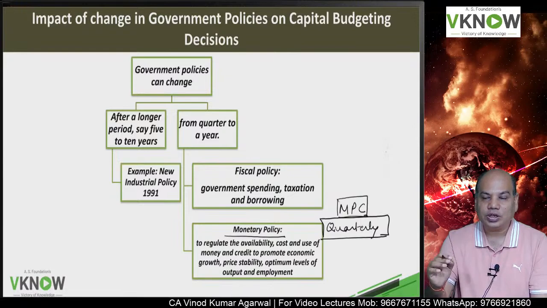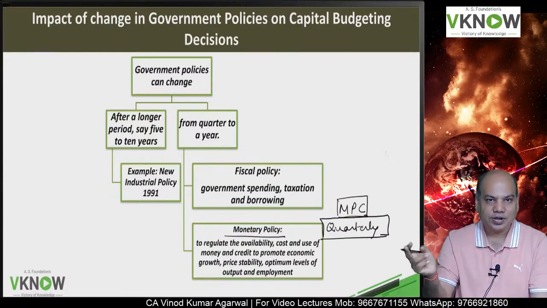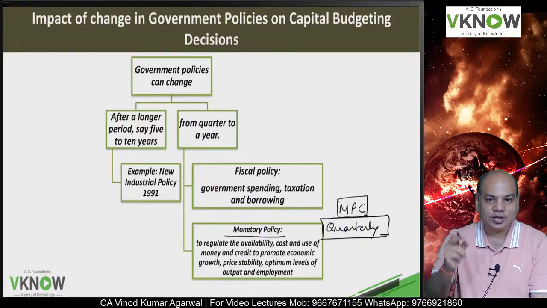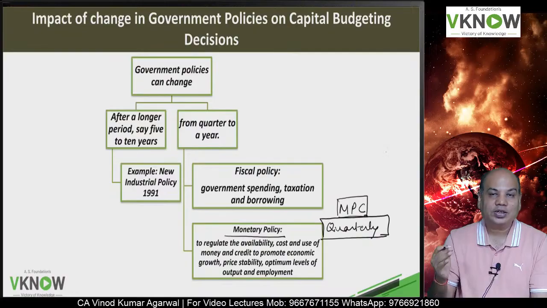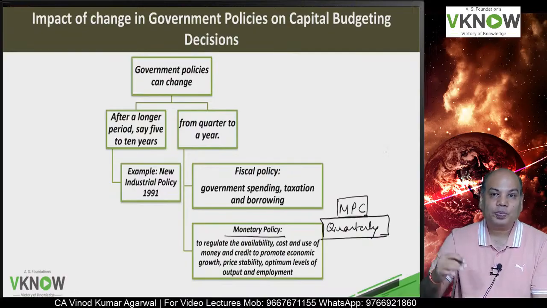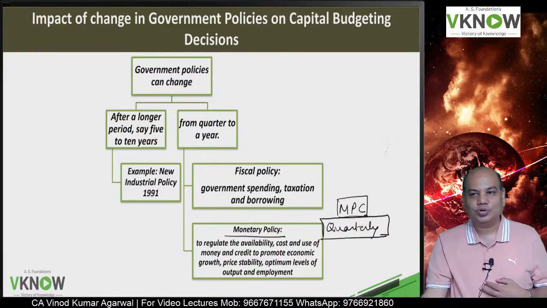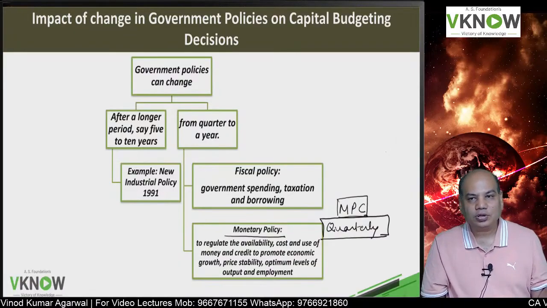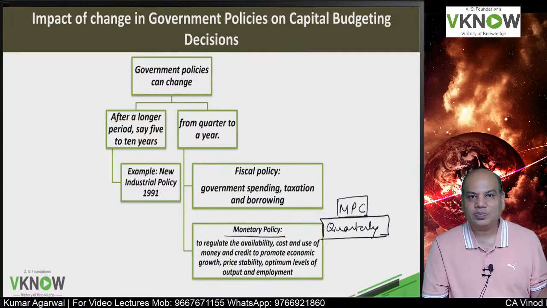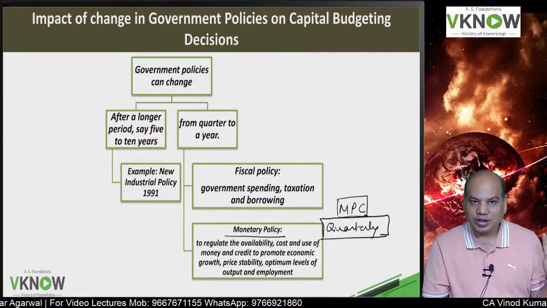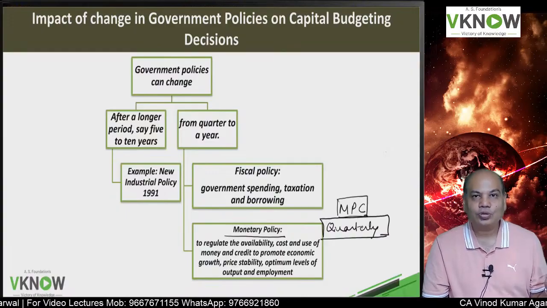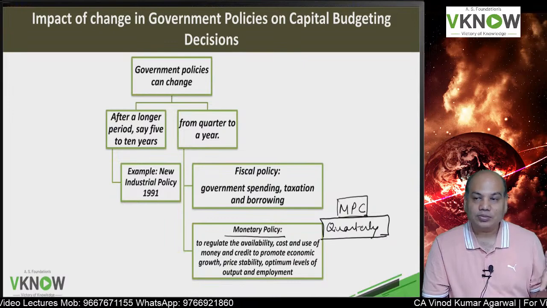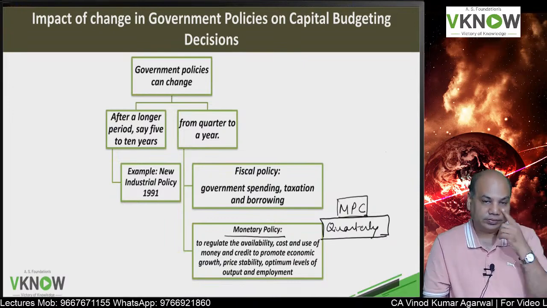They can increase or decrease CRR, cash reserve ratio. They can increase or decrease SLR, statutory liquidity ratio. They can increase or decrease open market operations, OMO, through which they buy or sell government securities. The purpose of all this monetary policy is to bring price stability, generate employment, generate growth, make credit available, and impact the liquidity in the economy.